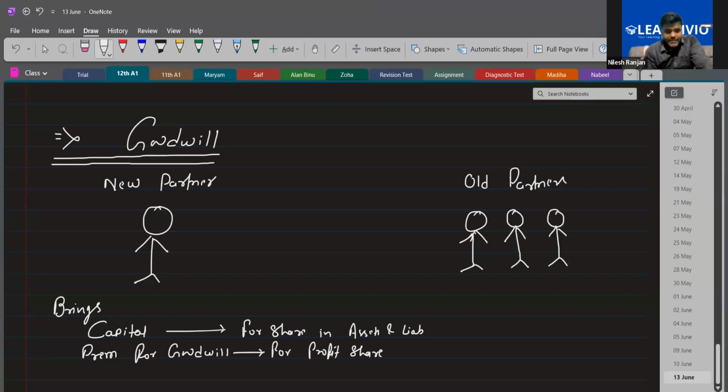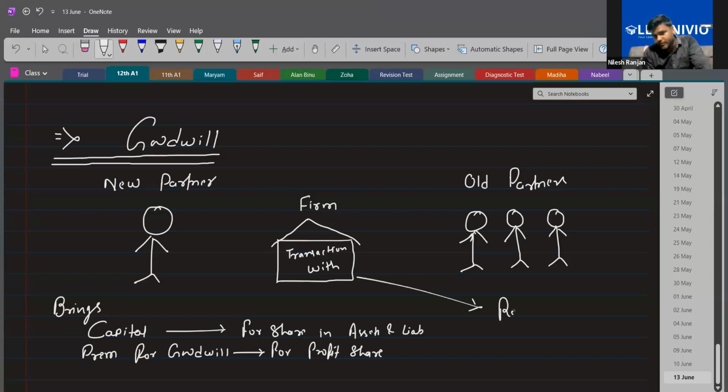Now the first case is, this is the firm. Generally, if any transaction is happening in the firm or with the firm, then it should be recorded, because we are preparing the books of the firm only.